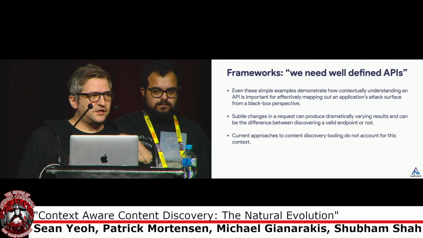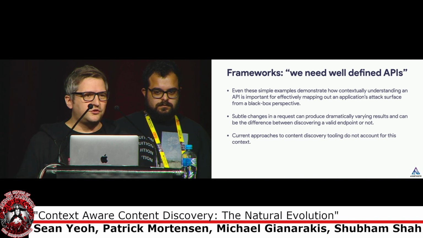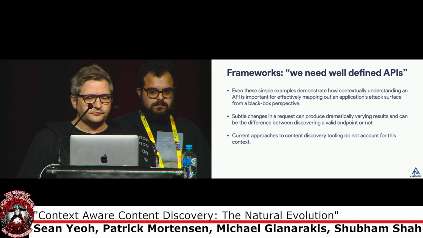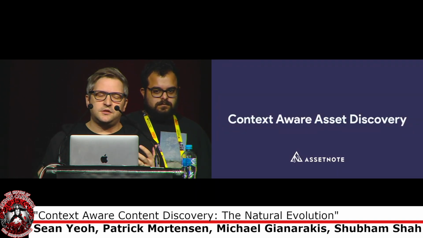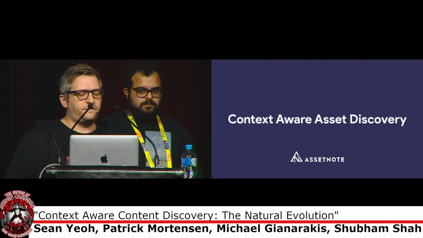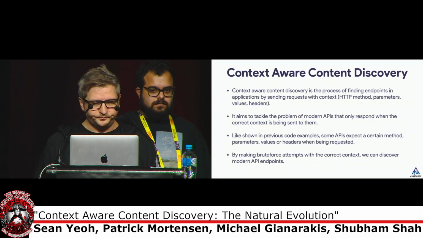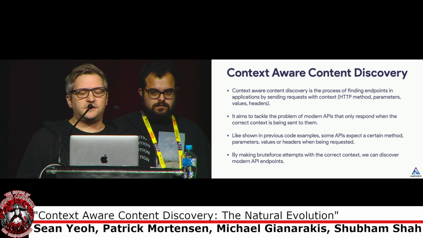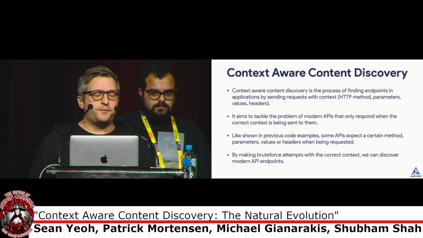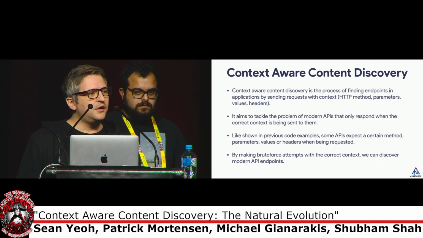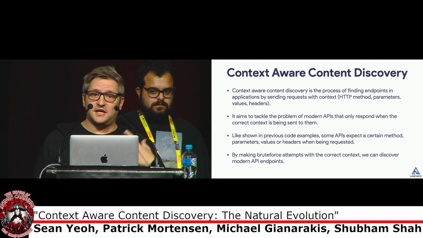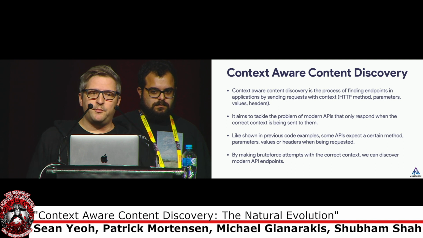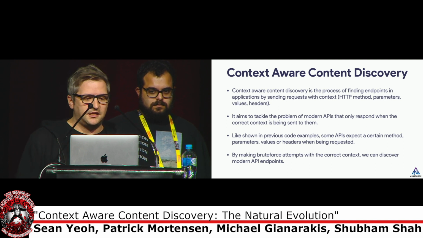And current approaches to content discovery tooling don't really account for this context. So we decided to work through this idea of context-aware content discovery. Context-aware content discovery is the process of finding endpoints in applications by sending requests with context. When we talk about context, I'm talking about things like the HTTP method, parameters, values, headers, things like that.